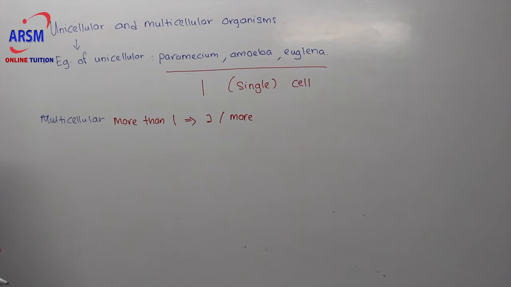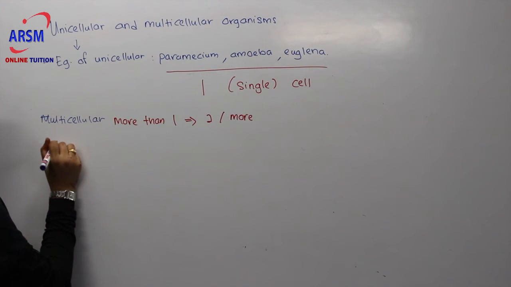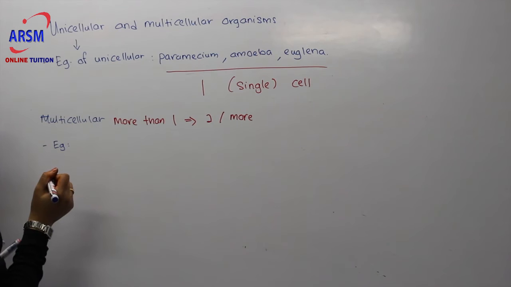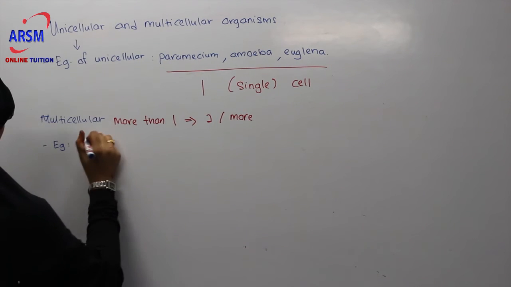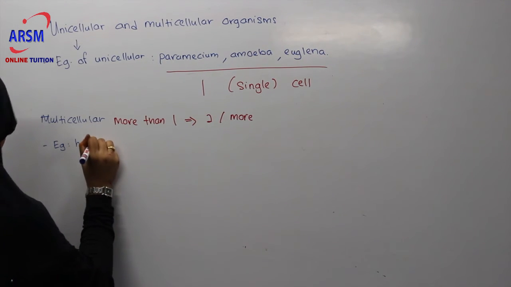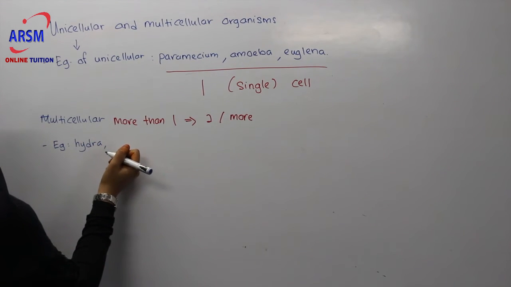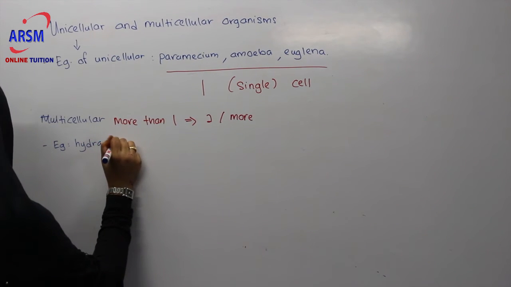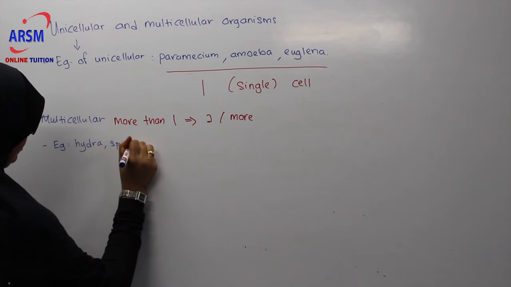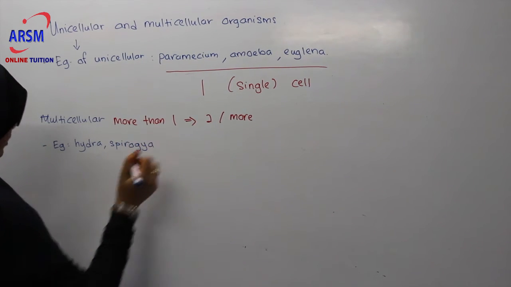Examples of multicellular organisms are Hydra and Spirogyra.